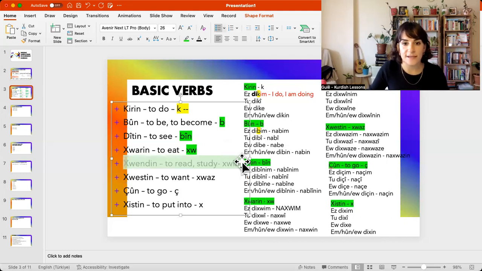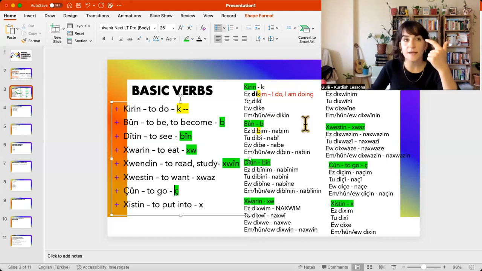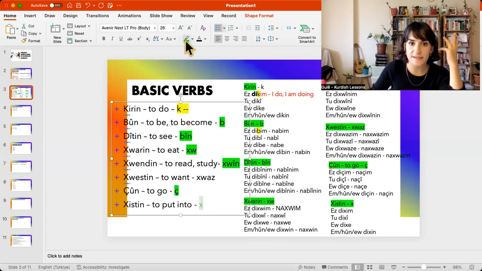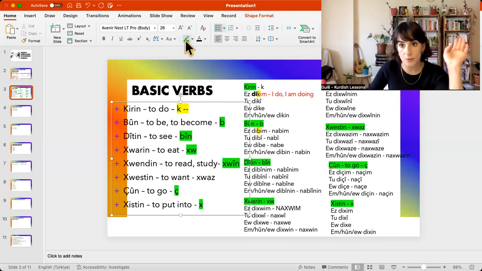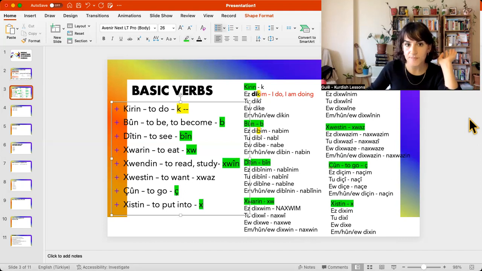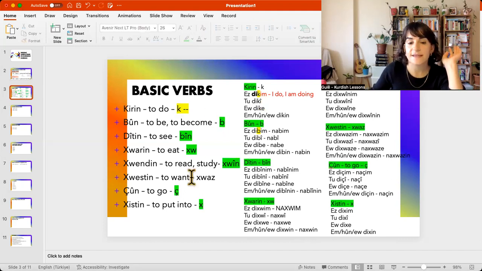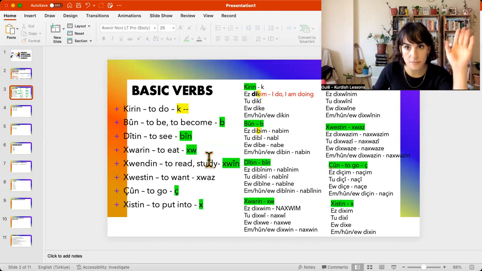Khwaz ends with a consonant. Right? So when the stem ends with a consonant, this is our rule. You add m for as, you add i for to, you add e for the third person singular, and you add n for all the plurals. Okay, with consonant ending stems.